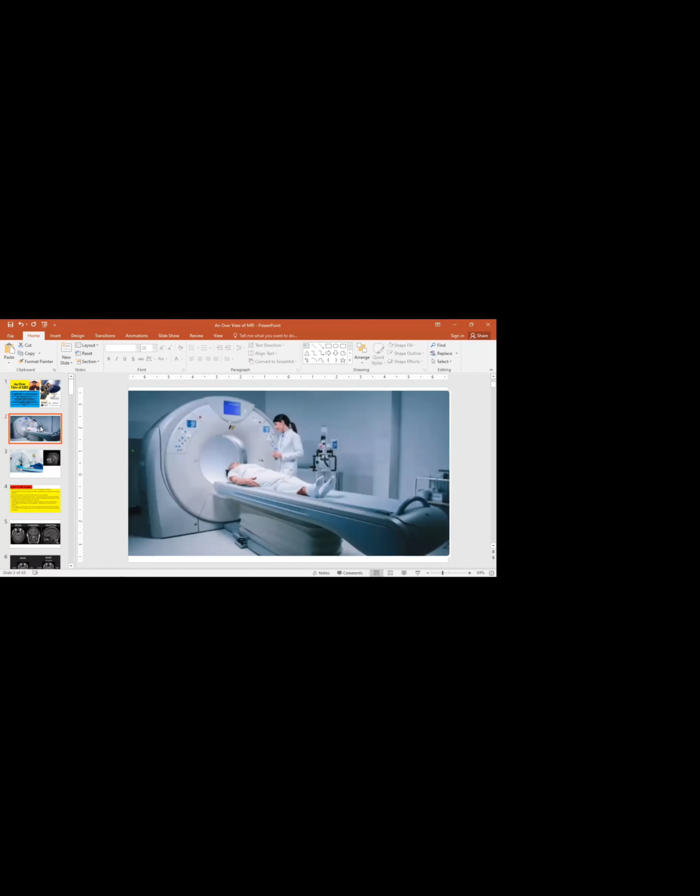You can see this is a machine, a big sort of machine, and it contains a very strong type of magnet, whose strength is more than 10 to 20,000 times the strength of the gravity force we usually observe. So it contains a very strong magnet with which we make images.